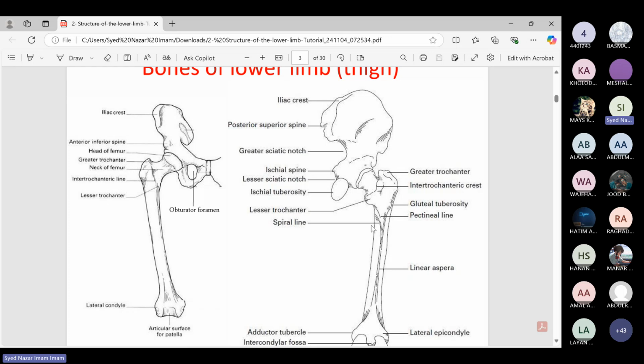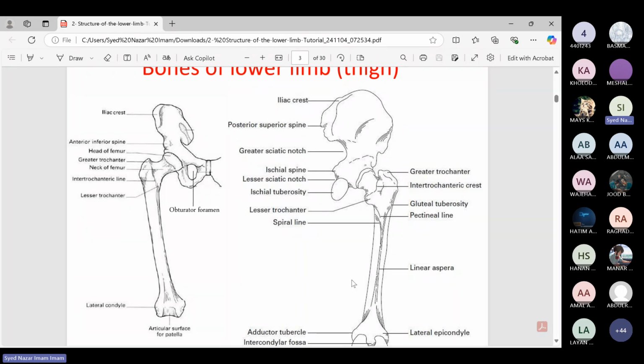So all are coming posteriorly, and they are attached on the medial lip. So we have the adductor group of muscles attached on the medial lip, and then we have the biceps, which is on the lateral side, attached on the linea aspera. So this is an important border for the femur, the linea aspera, and you should know about it.